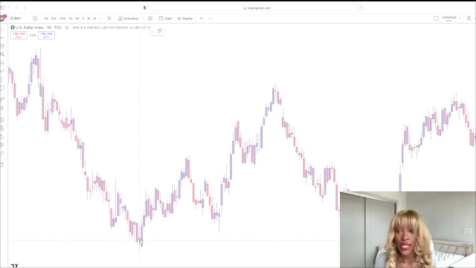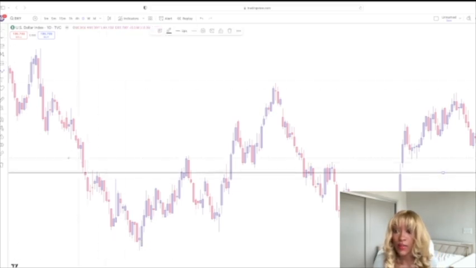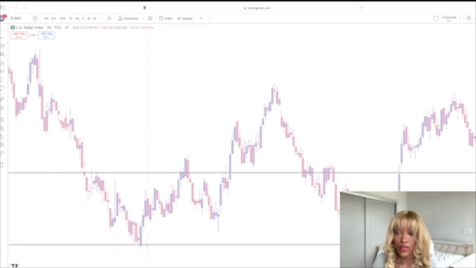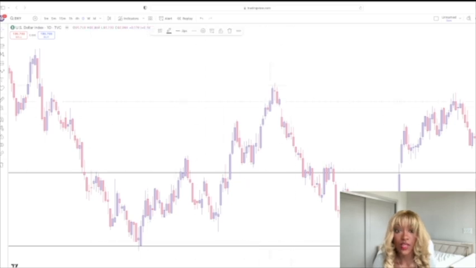So I would say in this general area right here, the market started to range before it decided to give us somewhat of a push.